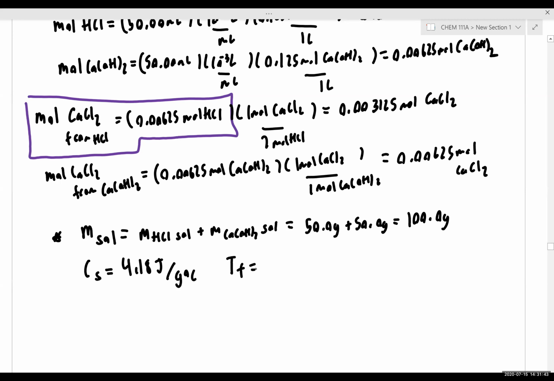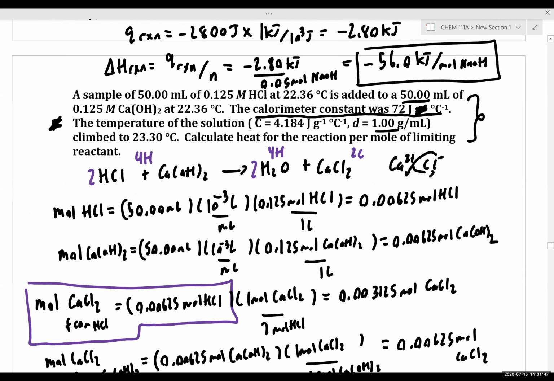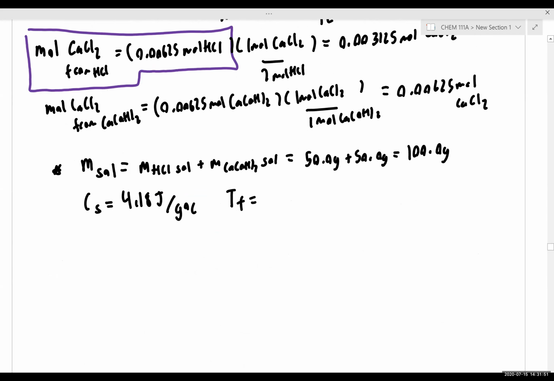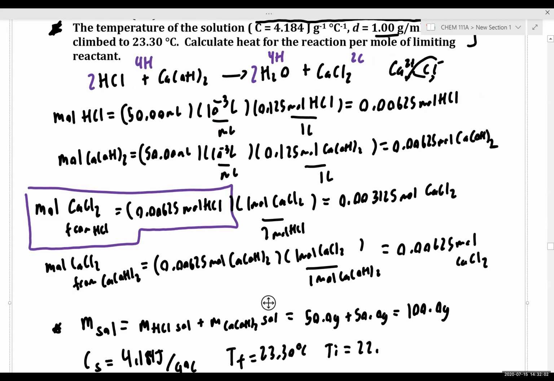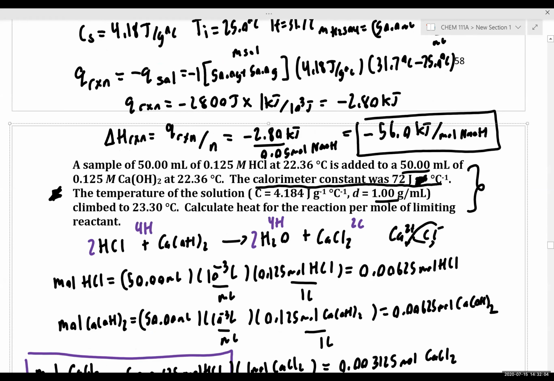We know that the final temperature is 23.30, and the initial temperature is 22.36.